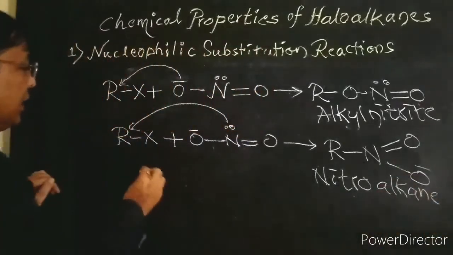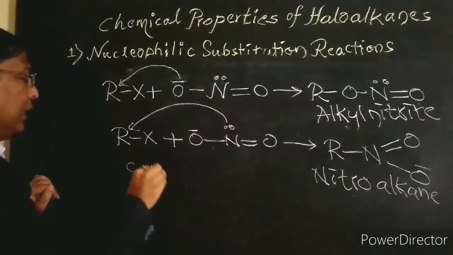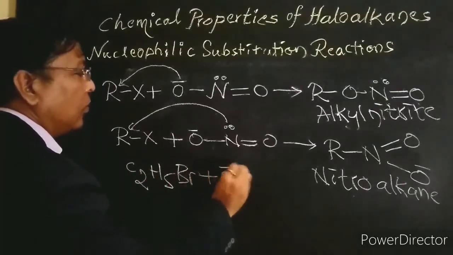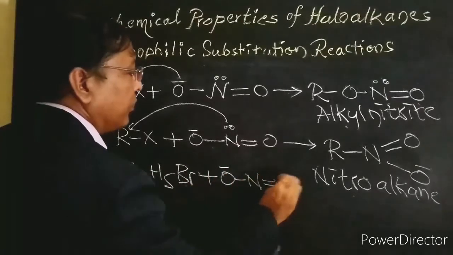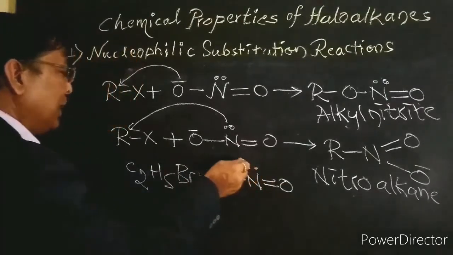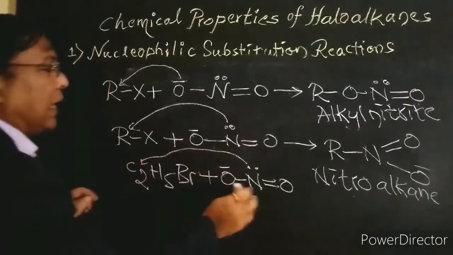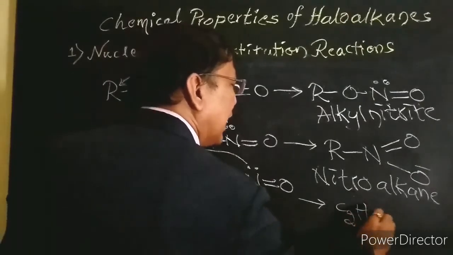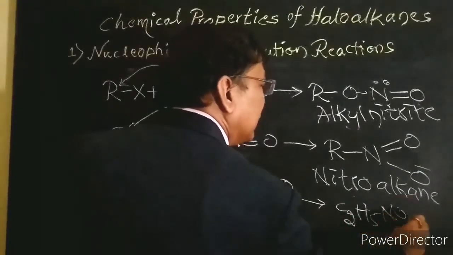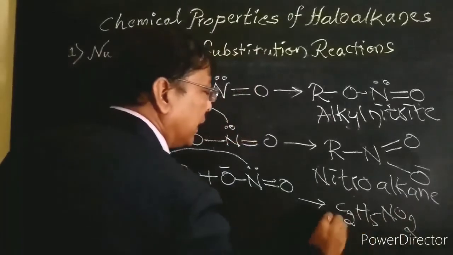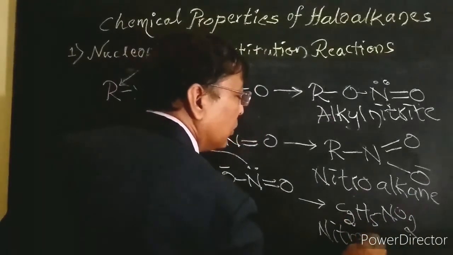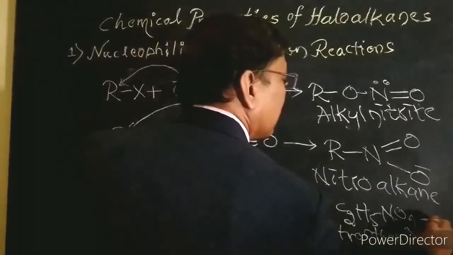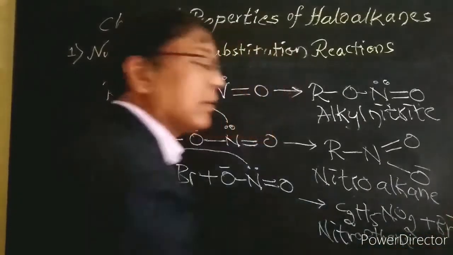If we take here an example, ethyl bromide and this nitrite, if the linkage takes place through nitrogen, then we get C2H5NO2, that is nitroethane, plus Br minus.